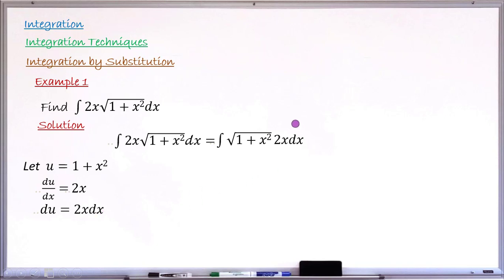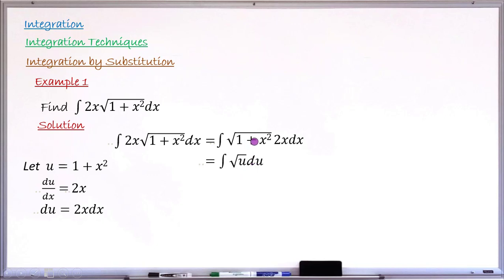So you now go back to the very task that you were asked to do. Instead of what is in the root, you now have your u, and instead of 2x dx, look at it, you just have du there. So there I'm going to have the integral of root of u du.